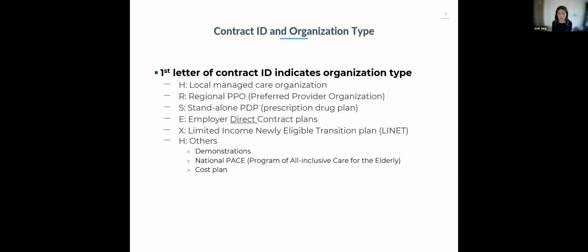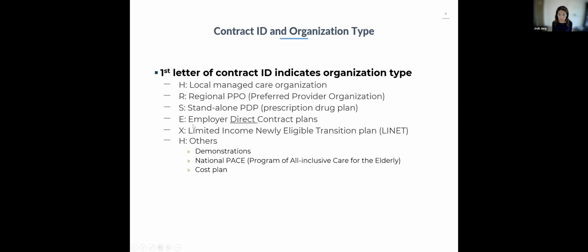So you can see that just using the first letter of a contract ID, you may not be able to select only those plans that you want. You will have to combine it with other information. Here, R is regional PPOs, S is standalone PDPs, and E is, as I said here, employer direct contract.